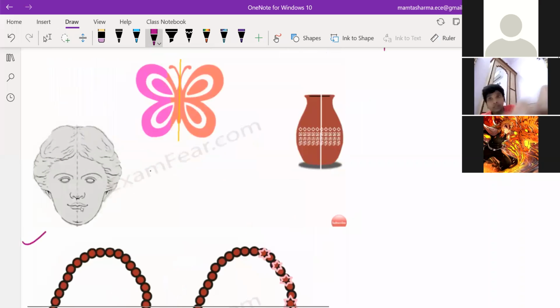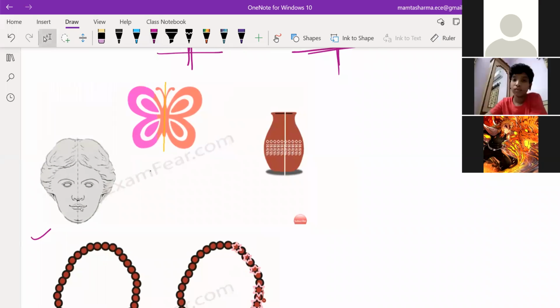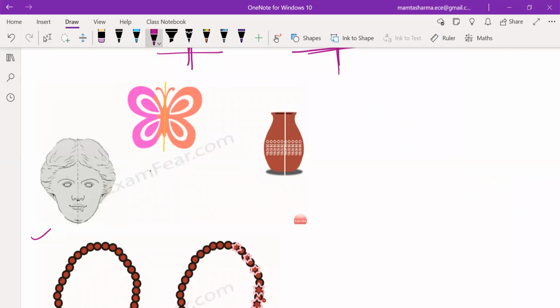Now see, if I draw a line exactly in the middle of your nose point, nose tip, you could see that this line divides this face of human exactly into two equal parts.